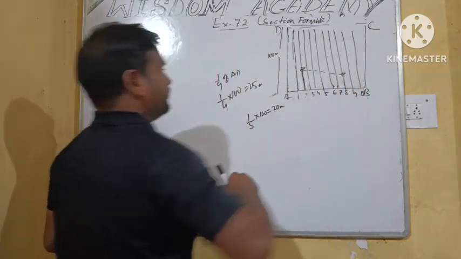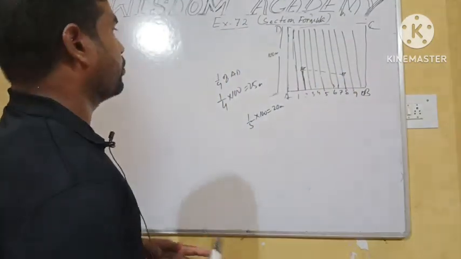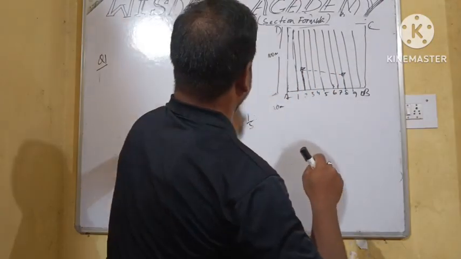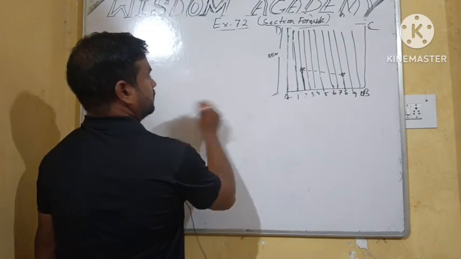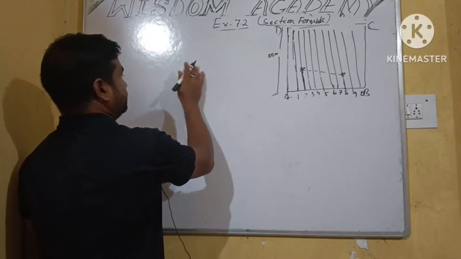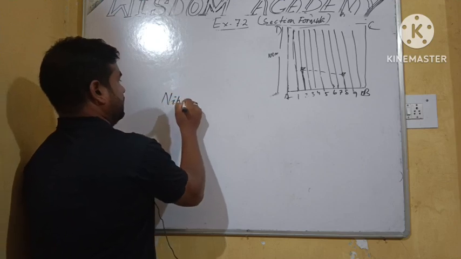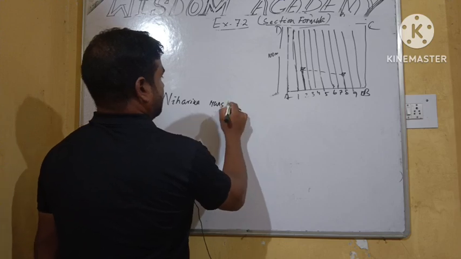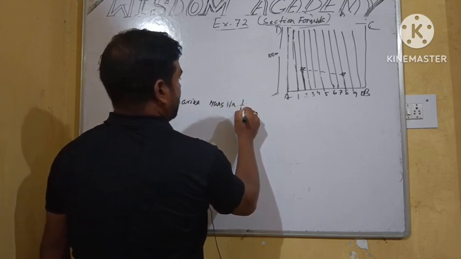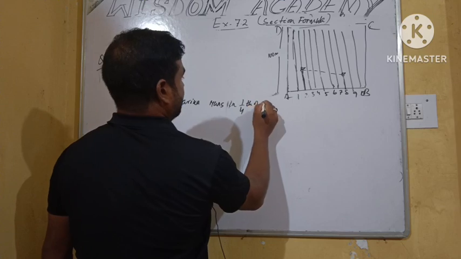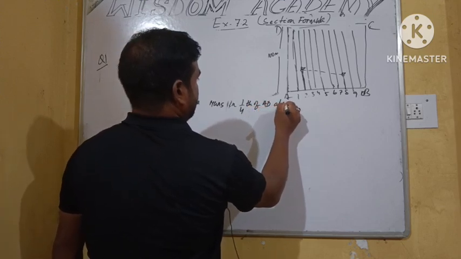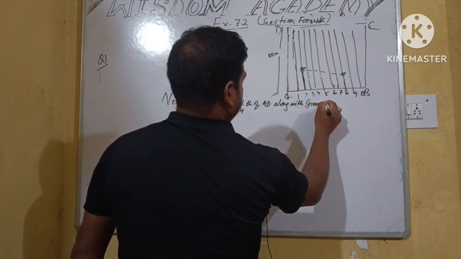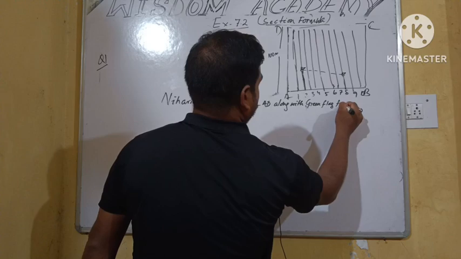Then we have to mention the coordinates of the green flag and red flag. Write down: Niharika runs 1/4 of AD along with the green flag from the second line.